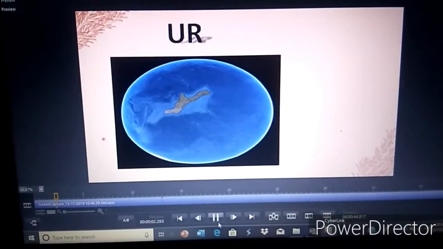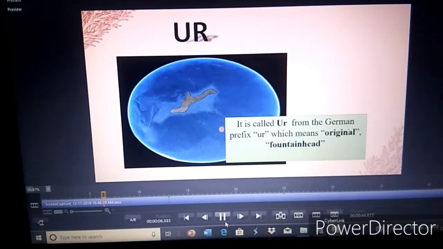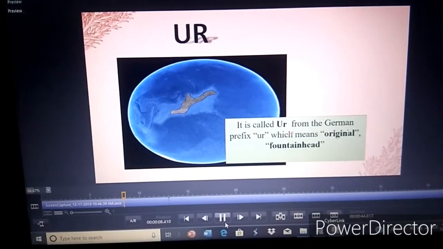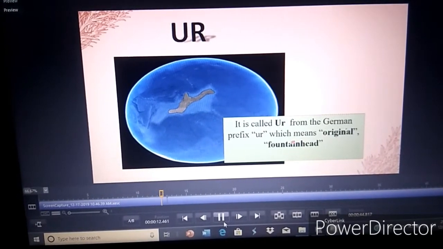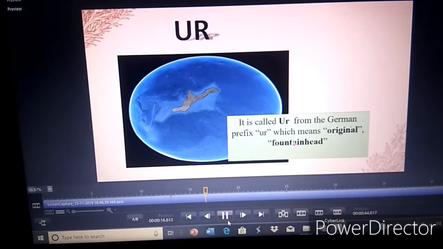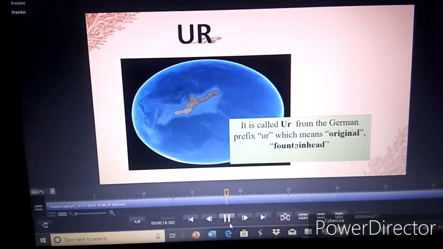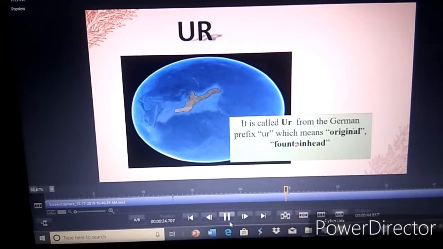Next supercontinent is Ur. So why Ur? It is called Ur from the German prefix Ur, which means original or fountainhead. Just like I said earlier, the existence of Vaalbara was only a theory, so Ur is considered the oldest confirmed supercontinent in Earth's history.